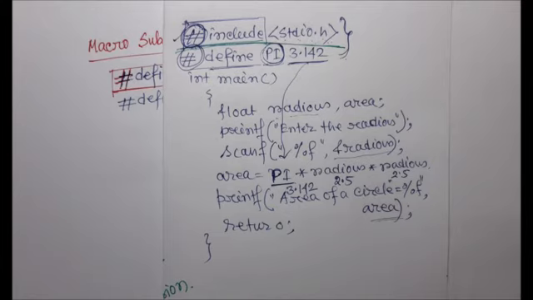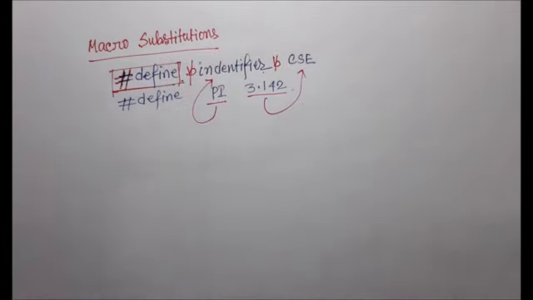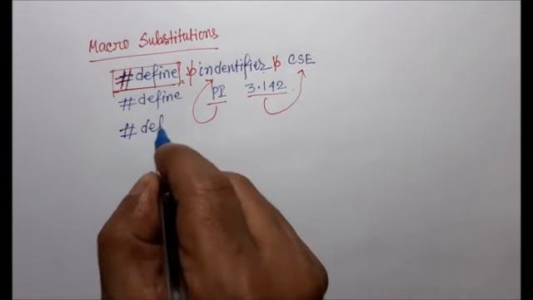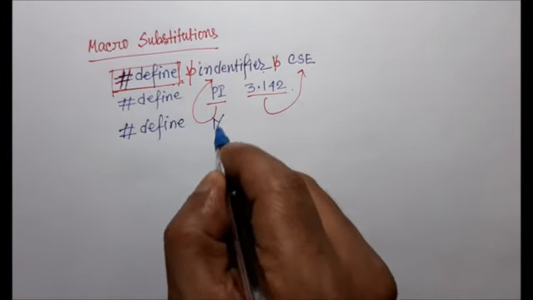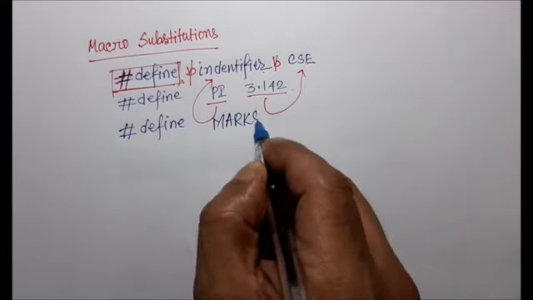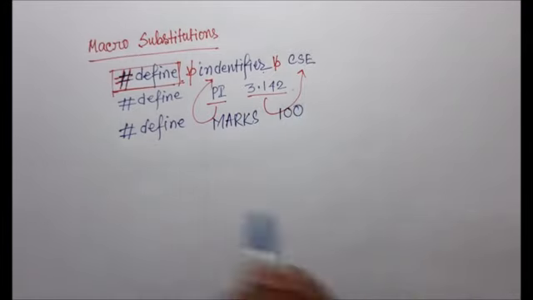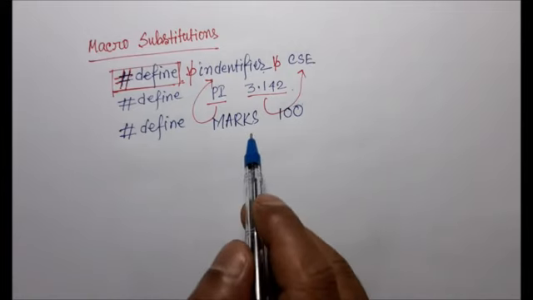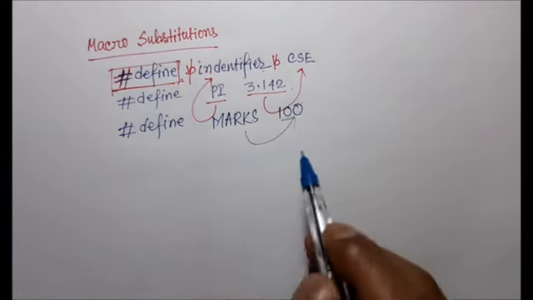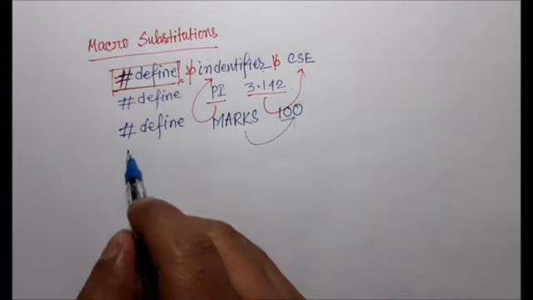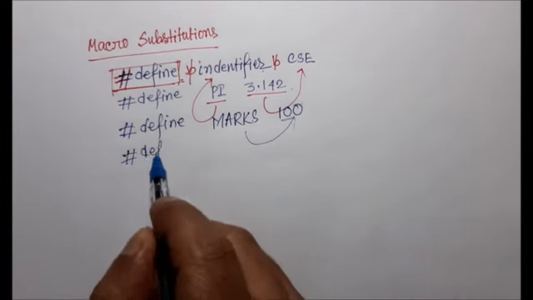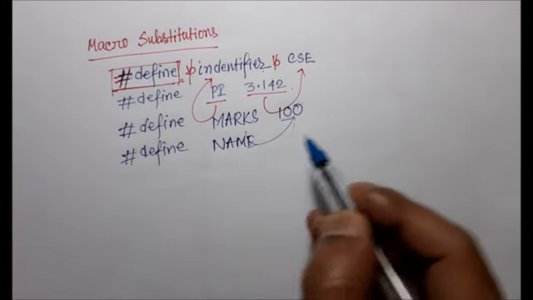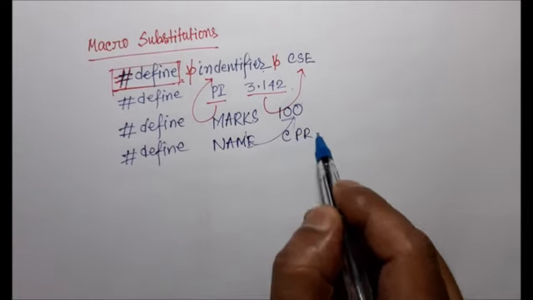We will see more examples. For example, you can write #define marks 100. Whenever in my program I see the identifier marks, it will be replaced by the value 100. You can write any name also. For example, #define name, and the value is C programming.